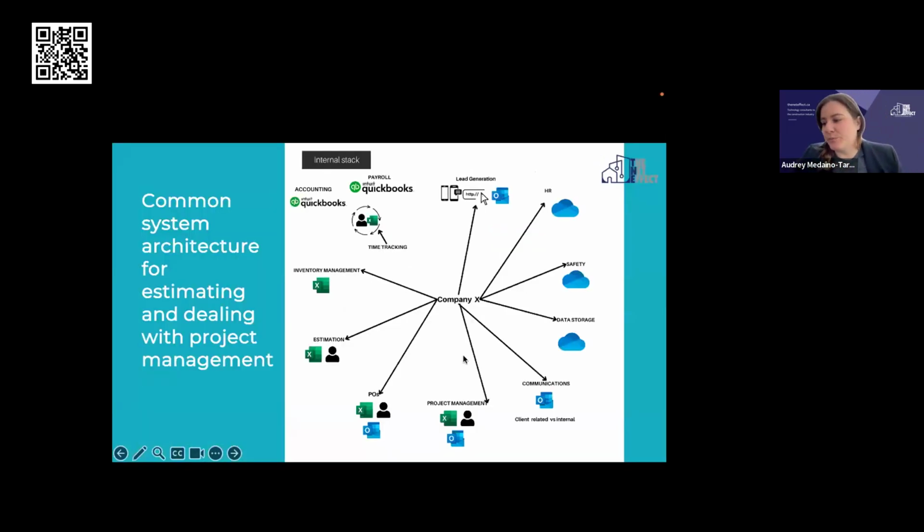Alrighty. So this is a common system architecture that we see very often. A system architecture is just all the tools or all the systems that you're utilizing. This is a very common one that we see for estimating and dealing with project management. So somebody's going to be using QuickBooks, for example, with a lot of manual processes in place.